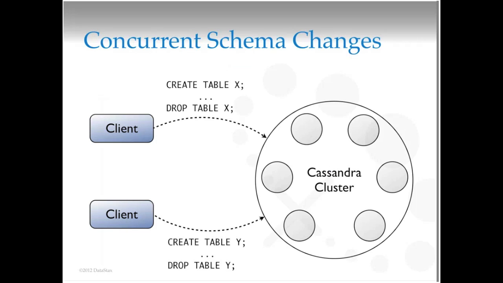In 1.1 you can have multiple clients altering your schema across your cluster, except that you can't create column families or tables safely concurrently. So you could alter them, you could add columns, you could add indexes, and so forth.